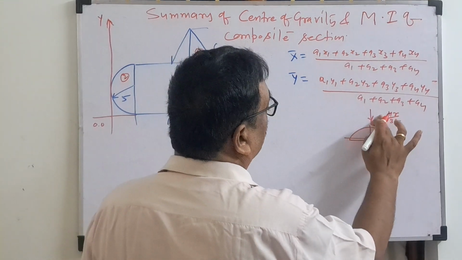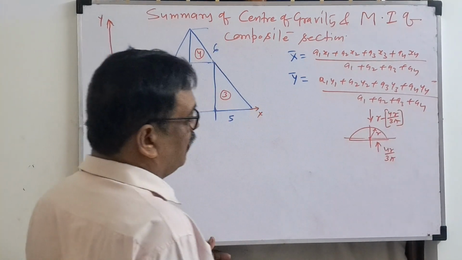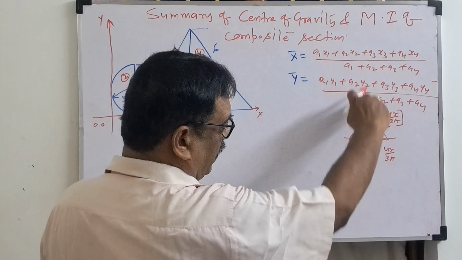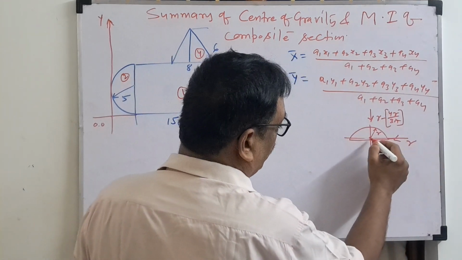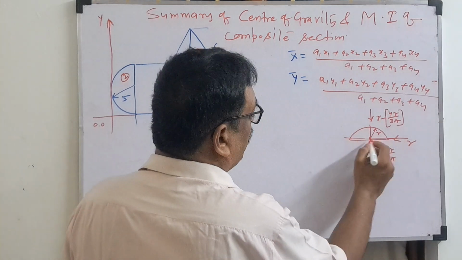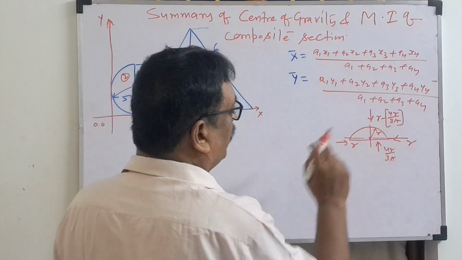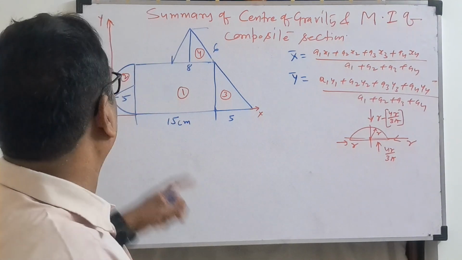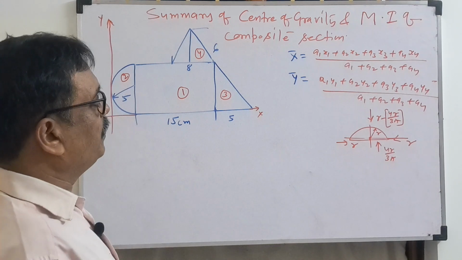From this side to this point, it is r only. So this is the concept for finding the centroid of a semicircle.